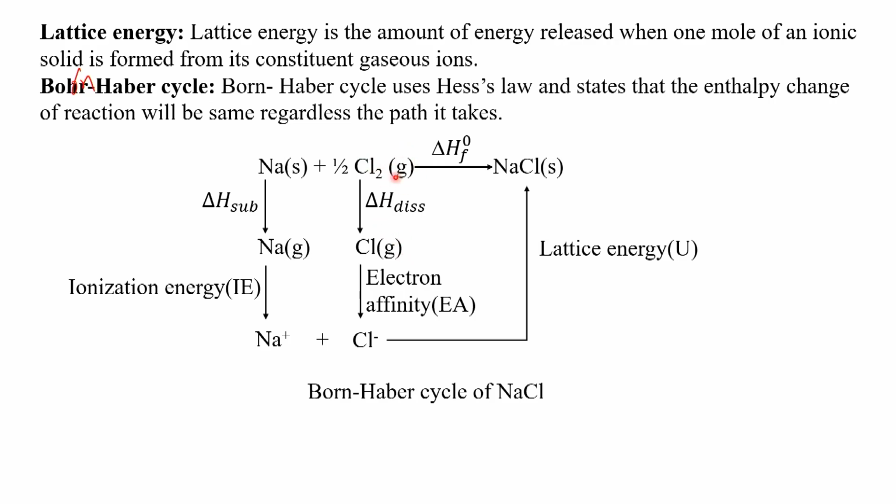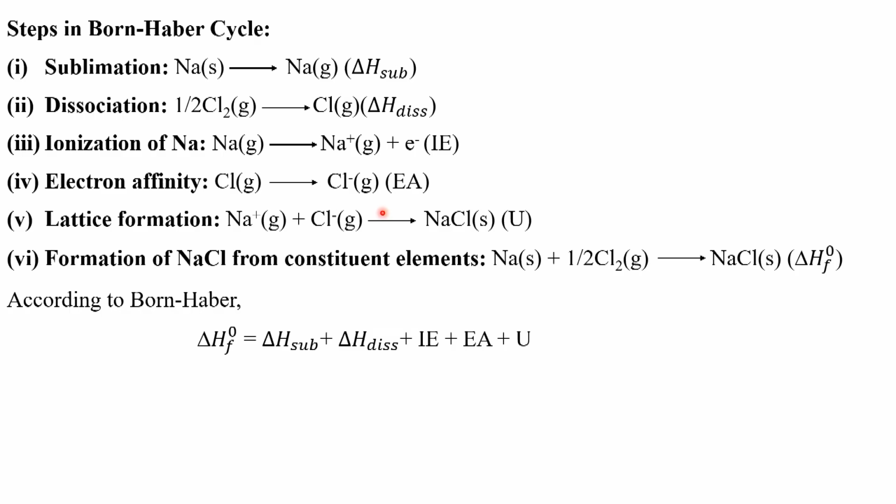Cl2 is present as a gas, so we have to get Cl2 to Cl gas. For this process the change in enthalpy is delta H dissociation. So half Cl2 gas goes to Cl gas, with enthalpy change delta H dissociation.